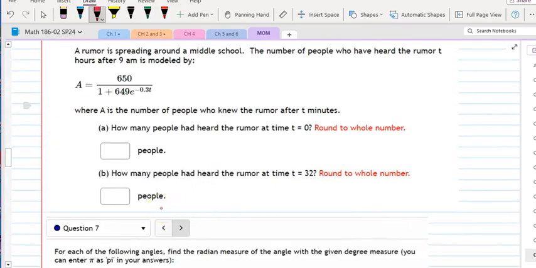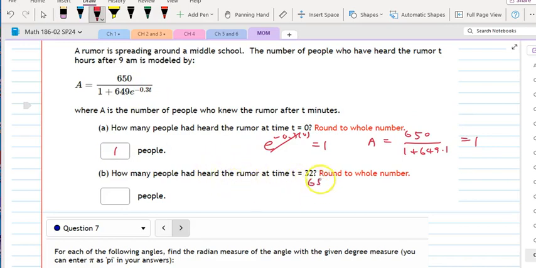Because in the beginning, time equal to 0, e to the negative 0.3 times 0 is 0. e to the 0 equal to 1. So A is equal to 650 over 1 plus 649 times 1. Okay, so the exponent is 0, but e to the 0 equal to 1. So that's 1 person. How many people at 32?